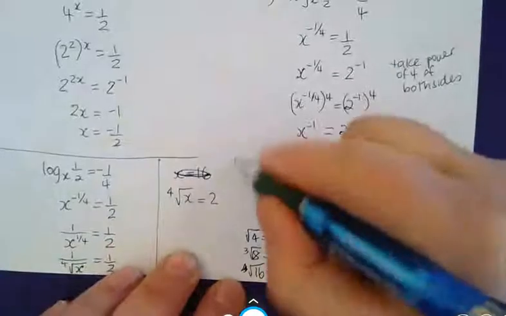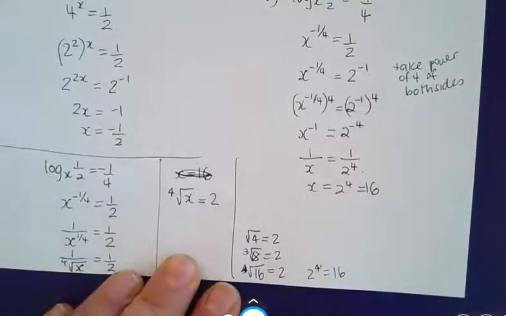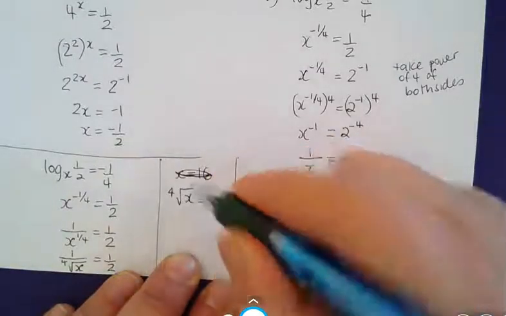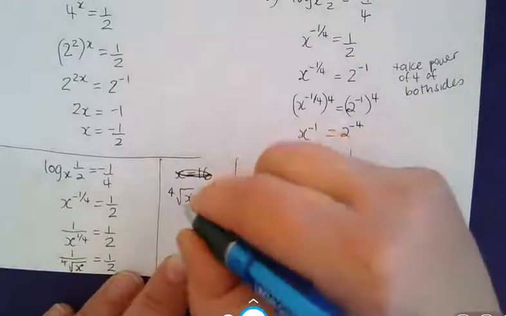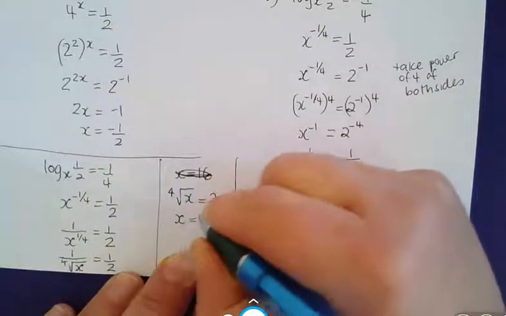Let's say if you're stuck and you can't do that, you could still take powers of 4 to both sides. How do you undo a 4th root? You take a power of 4. Opposite of square root is squared. Opposite operation of cube root is cubed. Opposite operation of 4th root is power of 4.